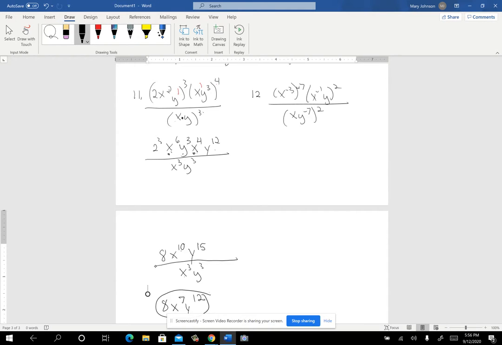All right, so we're going to approach number 12 in a similar way to start with. We're going to get rid of the parentheses, which means our exponents get multiplied. So this would be x to the 21st. Here we have an understood 1 on the y. That is being raised to the 2nd power. So I'm going to have x to the negative 2 and then y squared.